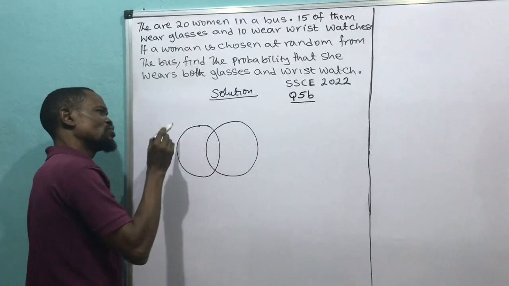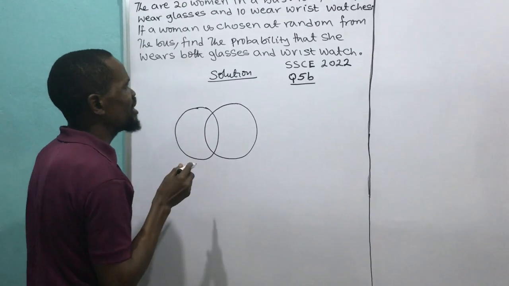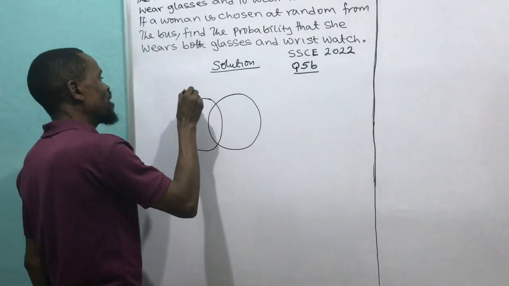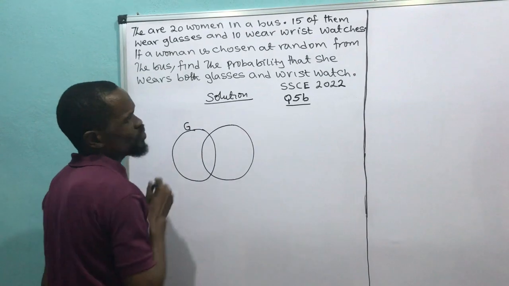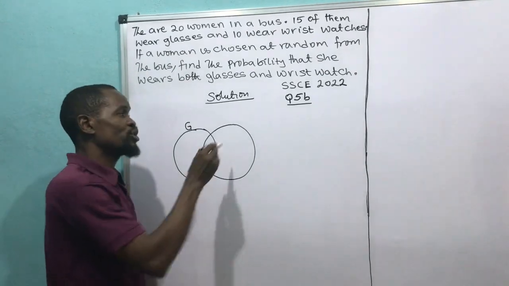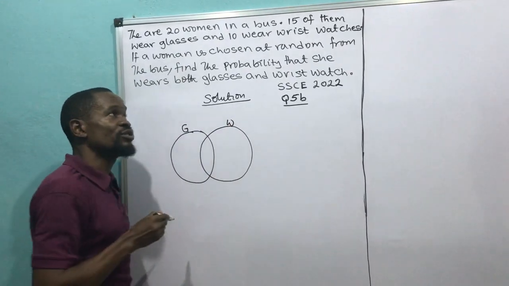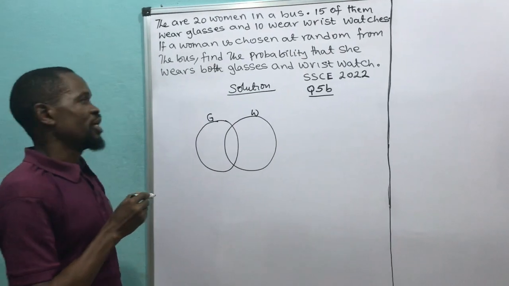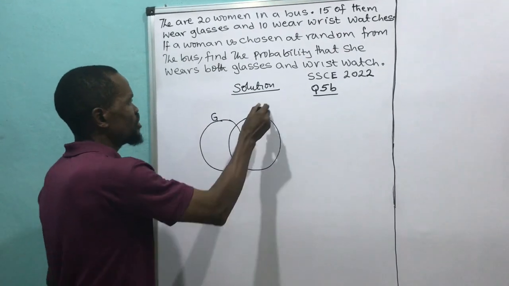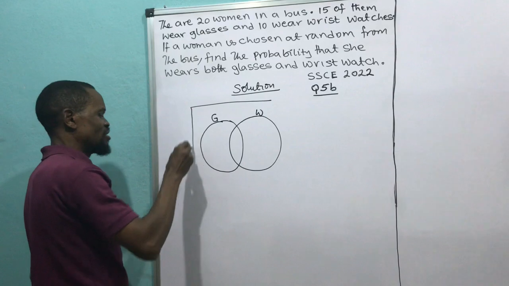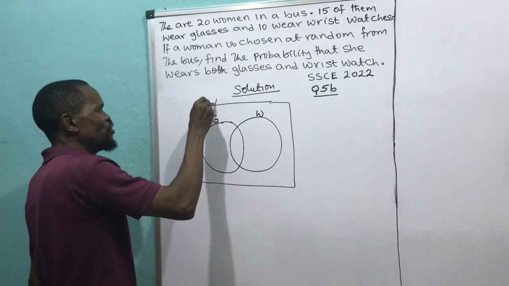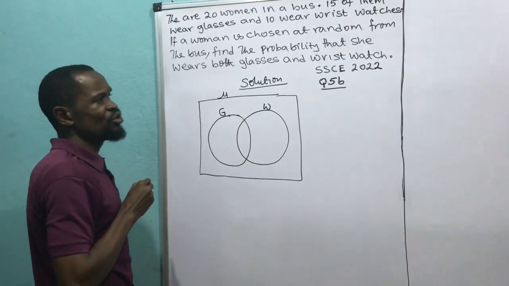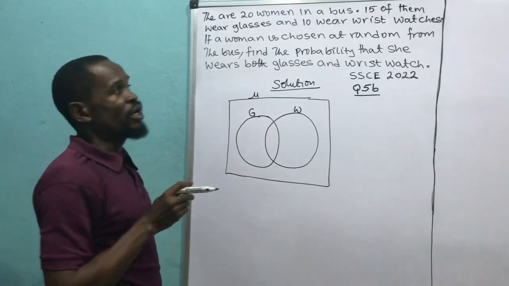I use this circle to represent the glasses, and I use G. And I use this circle to represent wristwatch, which is W. Then in this question, this becomes the universal set, and the U I use to represent the total in the box.